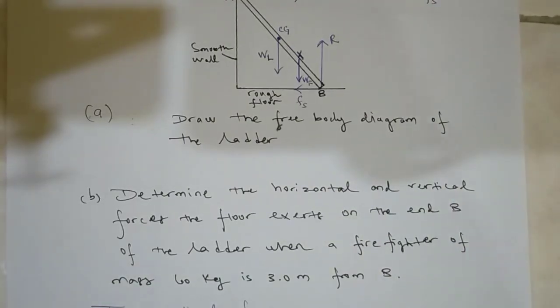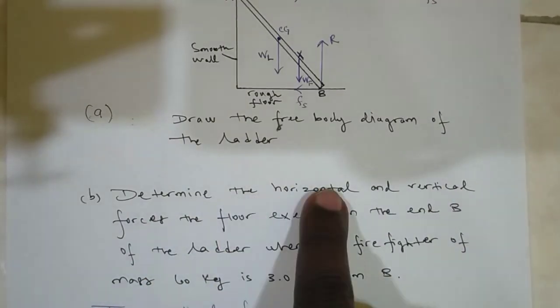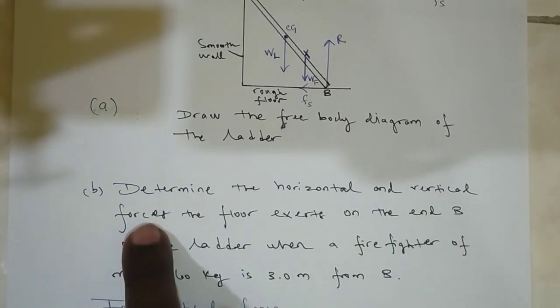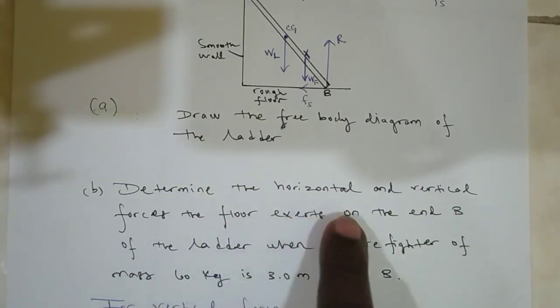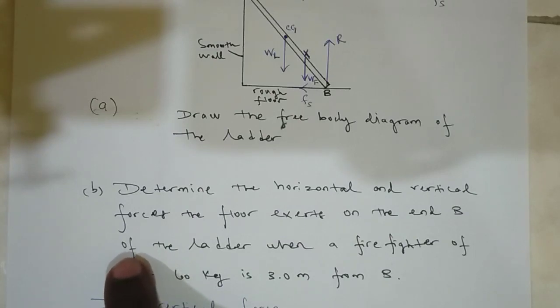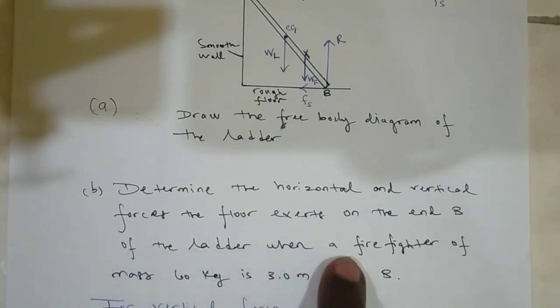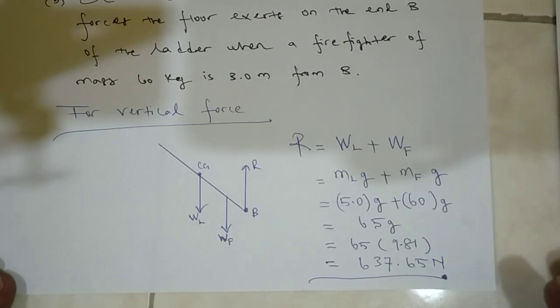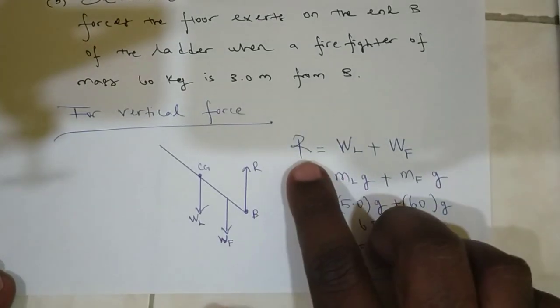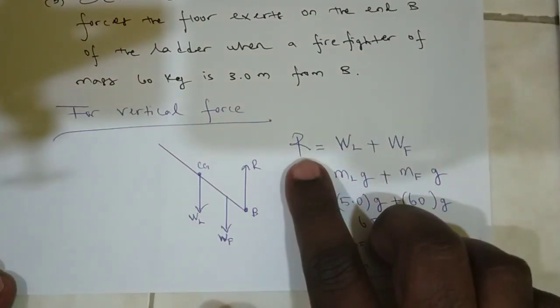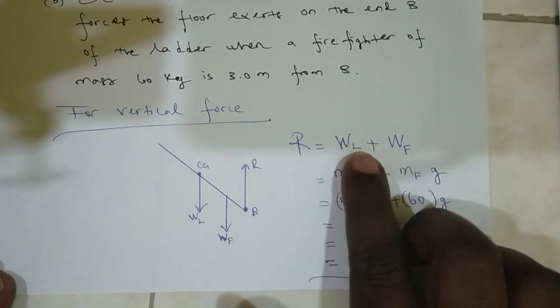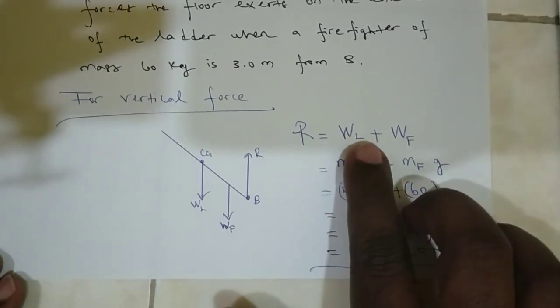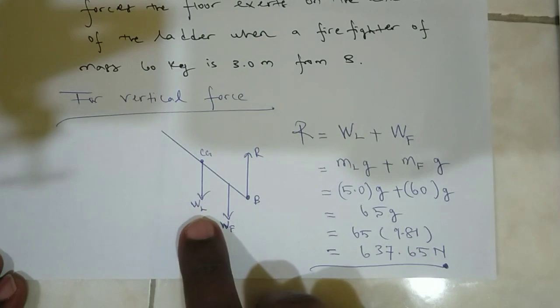For section B, determine the horizontal and vertical forces the floor exerts on the end B of the ladder when a firefighter of mass 60 kg is 3 meter from B. By using the free body diagram, the total forces acting vertically upwards equal the total forces acting vertically downwards.